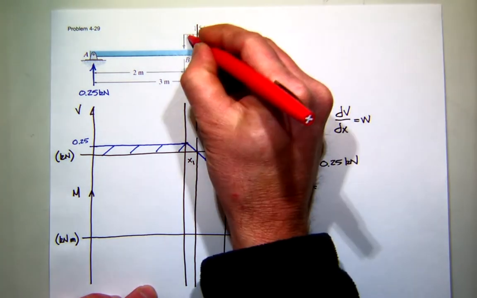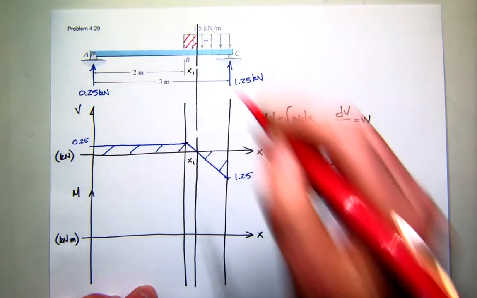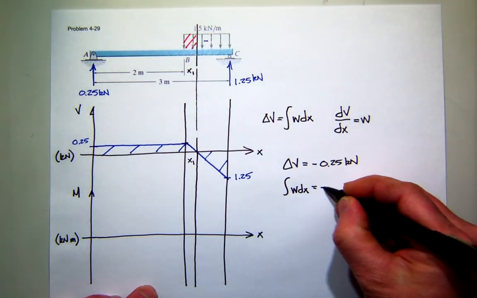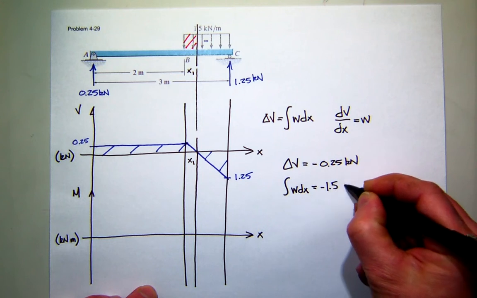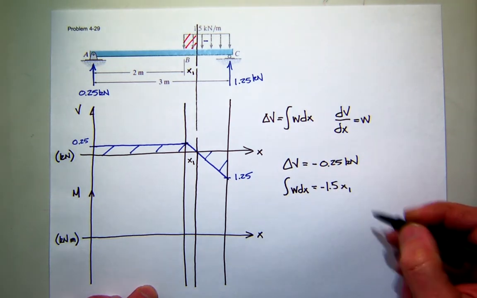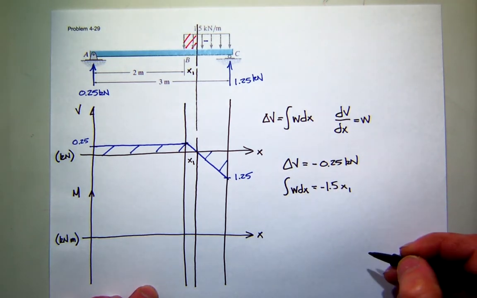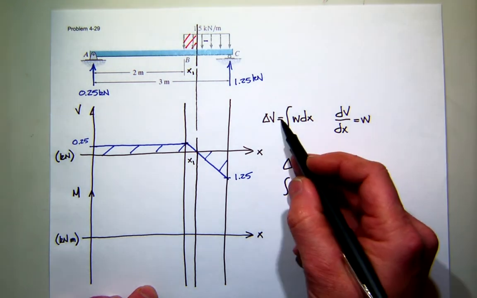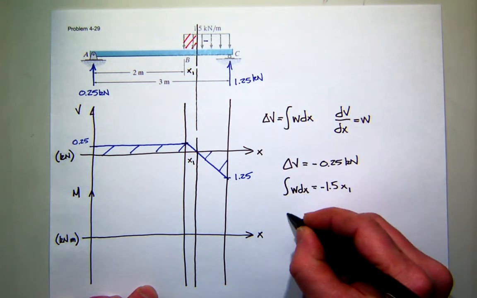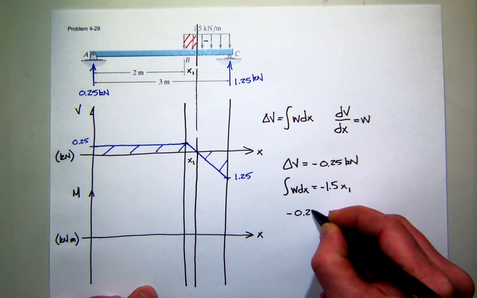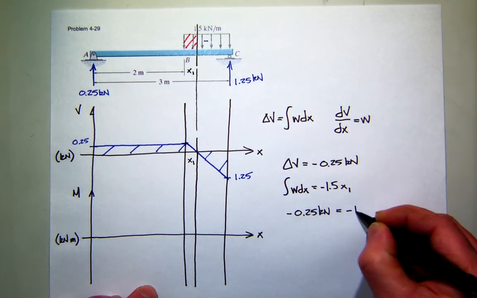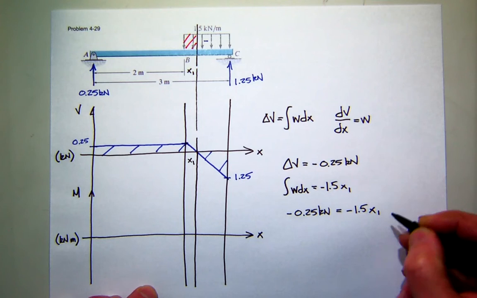What is the area under this part of the curve? It's minus 1.5 times x1. And those two things are equal, right? Change in shear equals that. So that means I write the equation minus 0.25 kilonewtons should be equal to minus 1.5 x1. So what's x1?